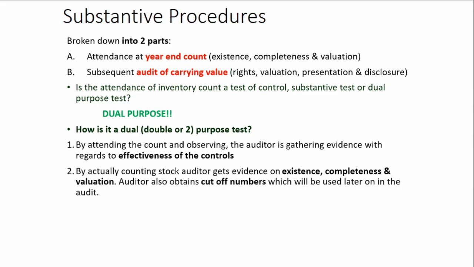So when we are testing rights of inventory, for example, we will want to look at what is being tested under the creditors or accounts payable section and ensure that items that have been purchased from a given supplier have the name of our client on the invoice. That means that our client now owns that specific amount of inventory. So these are things that we want to look for when we are testing the stock count.